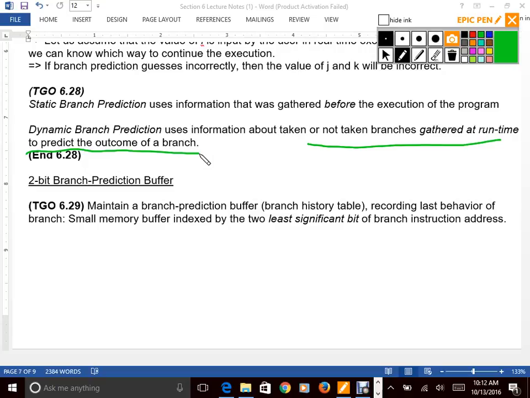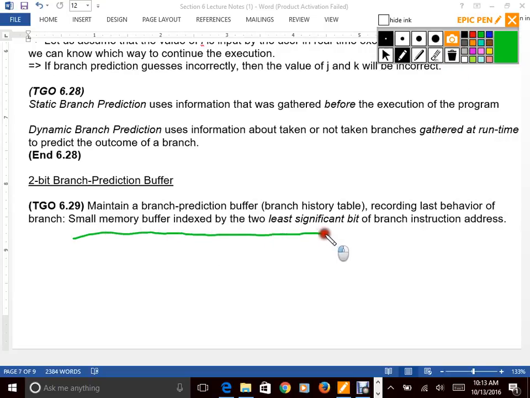There are 8 or 9 different ways to do branch prediction that are more complicated. We're going to study a method called 2-bit branch prediction. The whole idea is that you're maintaining a branch prediction buffer or branch history table recording the last behavior of the branch, small memory buffers indexed by the two least significant bits of the branch instruction address.